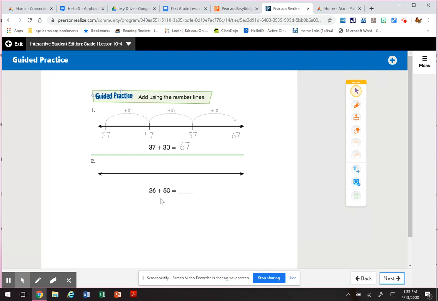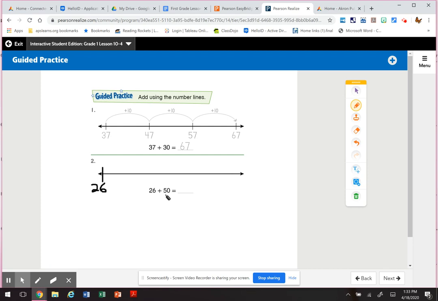This is 26 plus 50. The first number that I'm going to make on the number line will be the number 26. And when I look at the number that I'm adding to 26, it is the number 50.